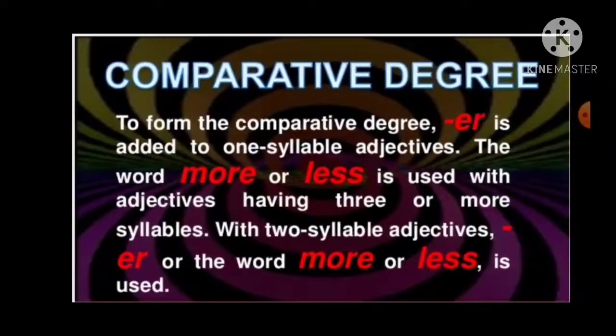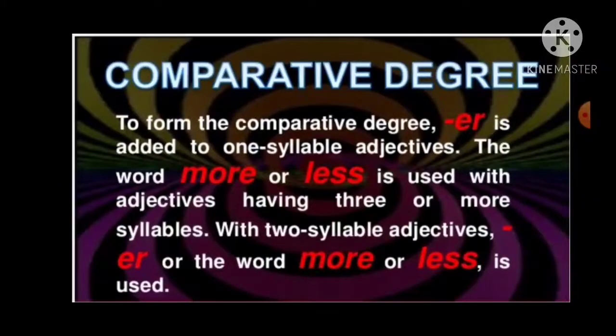For example, either, two parts, E-I-T-H-E-R, either. Heavy, H-E-A, heavy. Beautiful, beautiful. So these words may be divided into 2 or 3 parts. Each part is called as syllable.